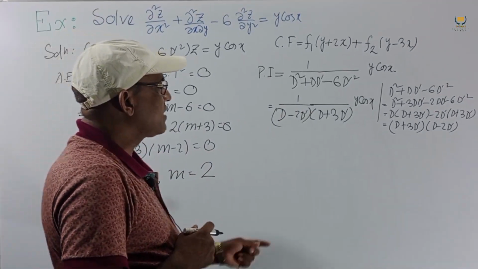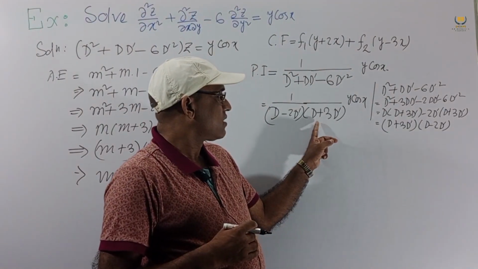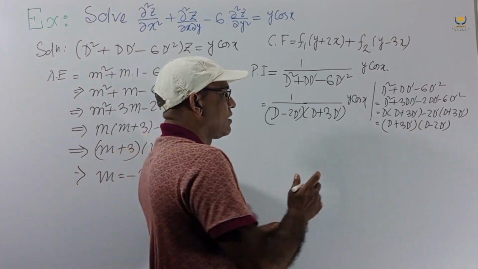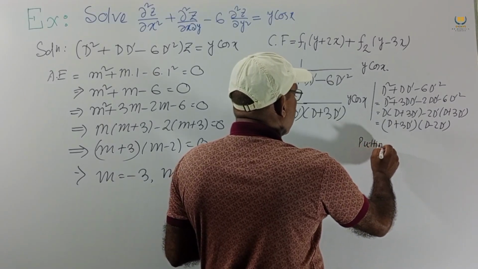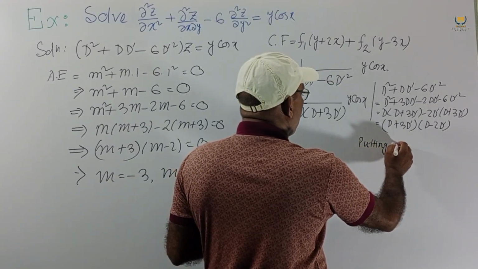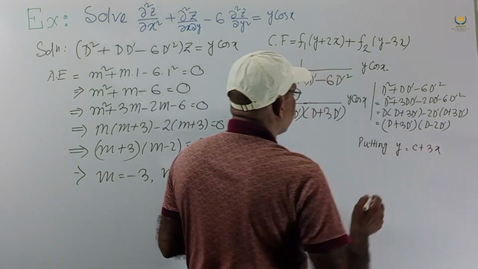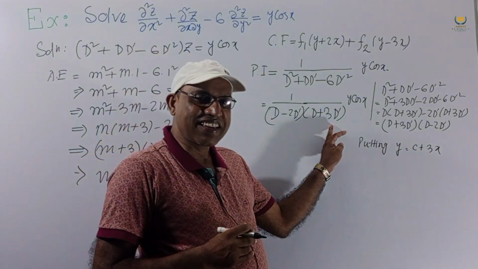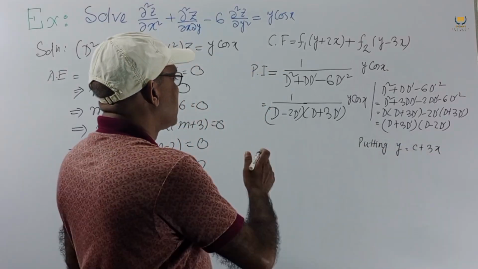Now for solving this, here D - 2D' and D + 3D', so I am putting y = c + 3x for D + 3D'.